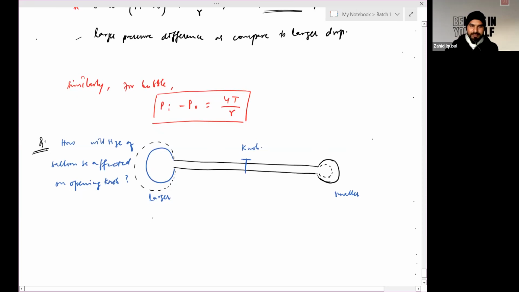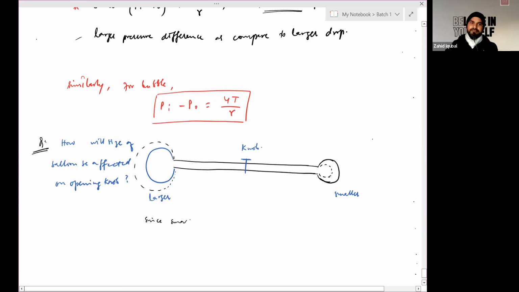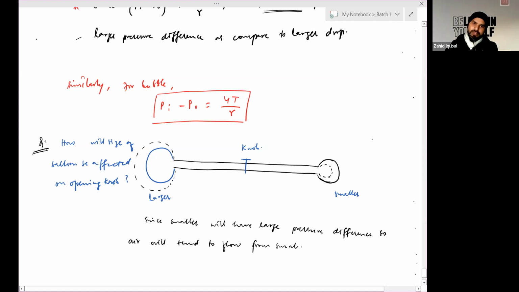Yes, sir. Okay. So in this part, you will say, since the smaller will have a large pressure difference, air will tend to flow from smaller to larger.